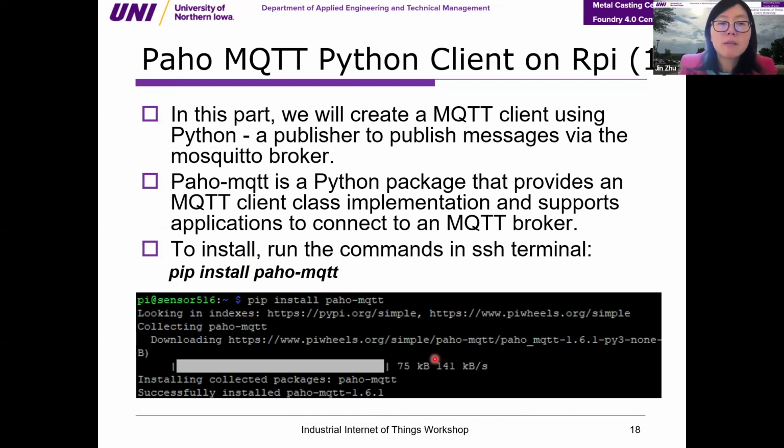Paho MQTT is just a Python package that provides an MQTT client class implementation already. So you don't have to write those from scratch. You could just use that implemented MQTT client class and make your implementation much simpler.